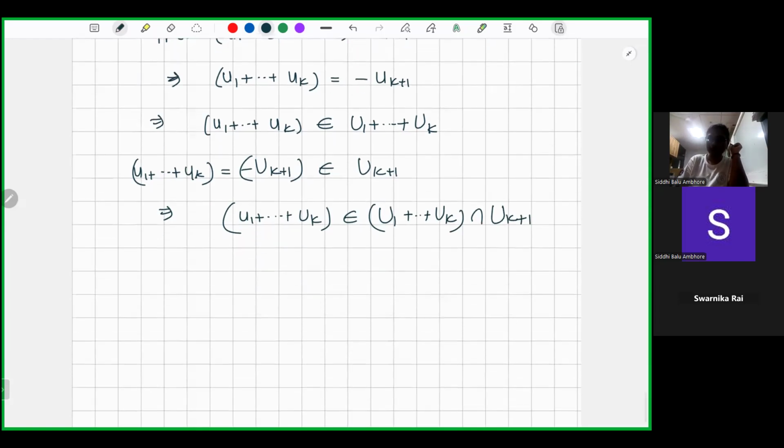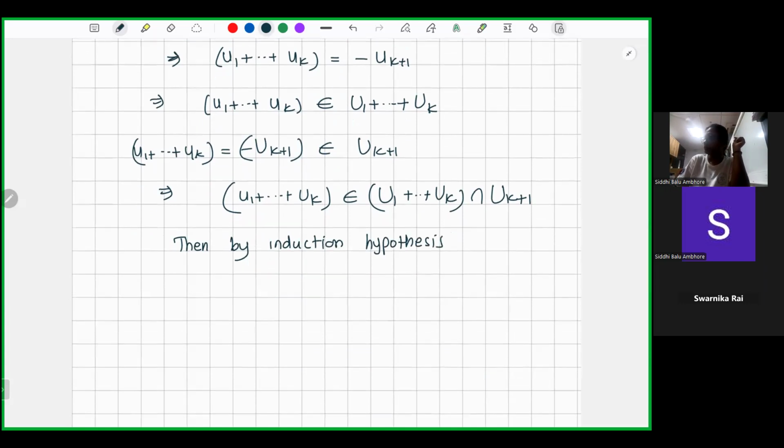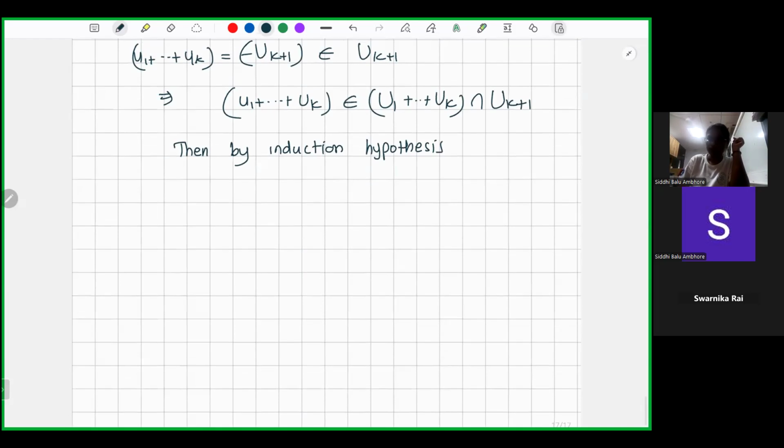And this becomes the n equal to k case, right? So by induction hypothesis, the intersection of U1 plus ... plus Uk with Uk plus 1 is 0, and this will imply that the element u1 plus ... plus uk is 0.